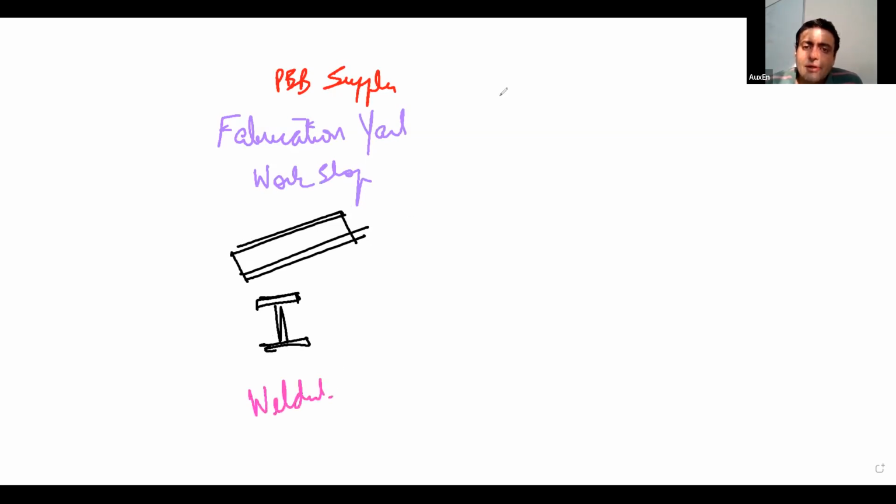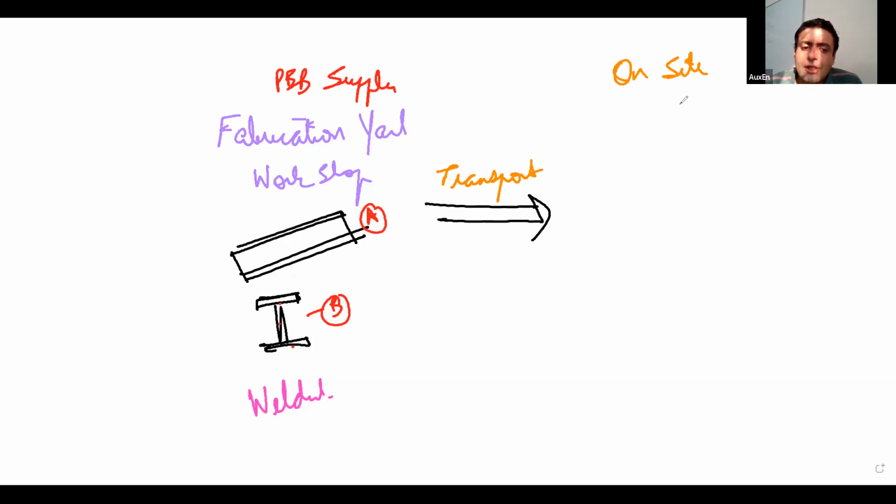Let us say this was piece A, this was piece B. You create these individual pieces by welding the elements, and then you bring them by transportation. So you transport them, and on site, how will you connect these two members?